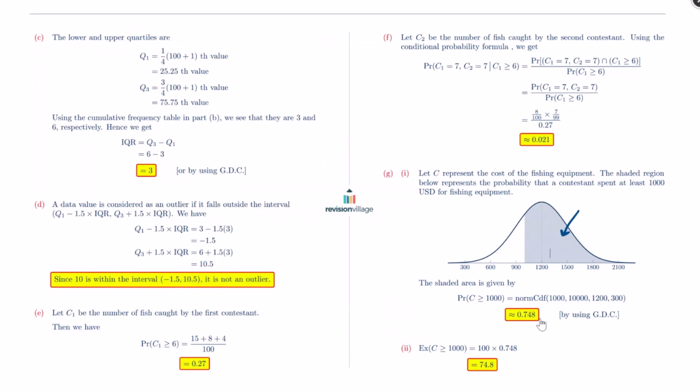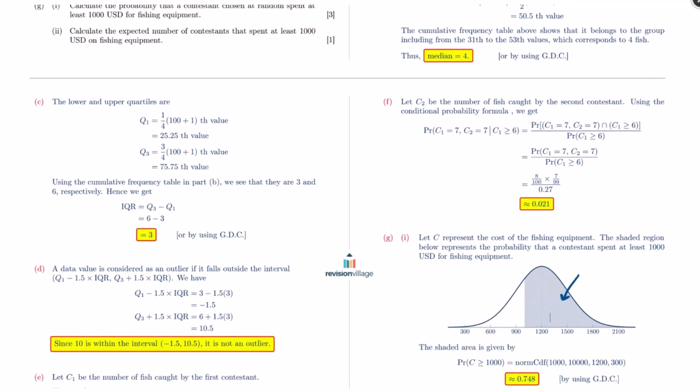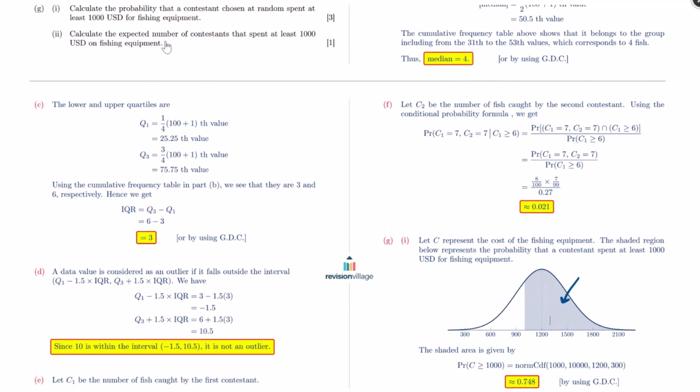So as a probability, the probability of selecting a contestant that spent over $1,000 would be 0.748, or as a percentage, 74.8%. Now the follow-on question, which is the second part of G, asks you to calculate the expected number of contestants that spent at least $1,000 on the fishing equipment.